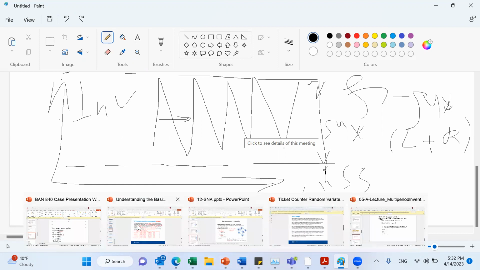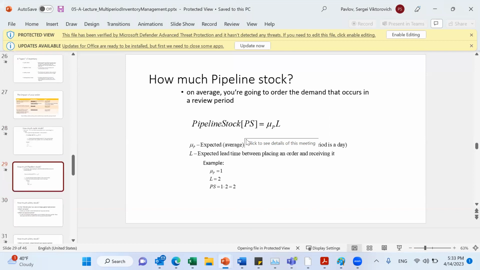Now let's have a look at the formula. So pipeline stock is average demand per one period multiplied by lead time.